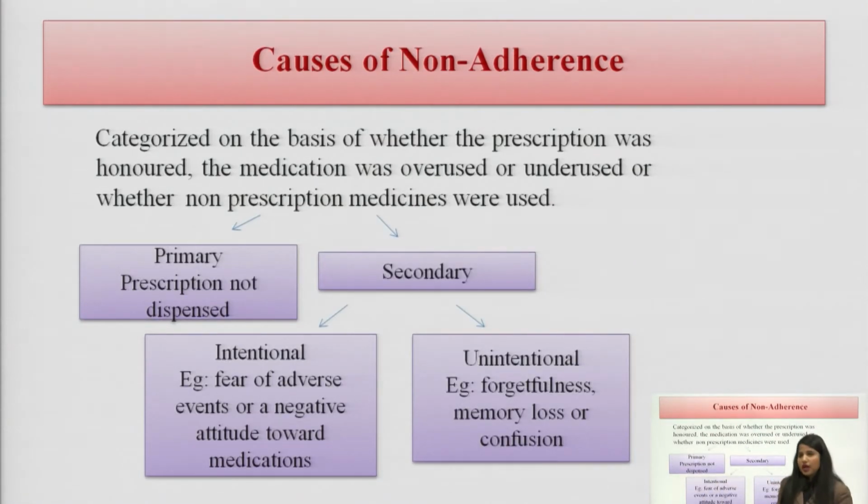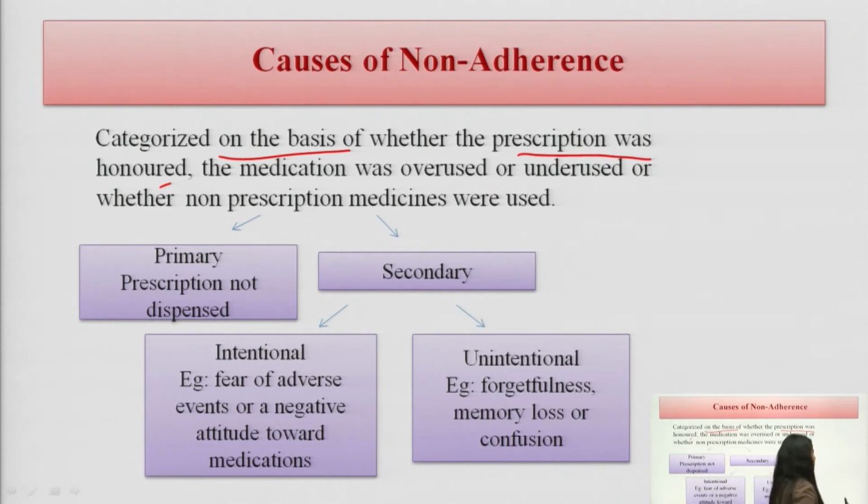Now, the question comes to our mind: what are the reasons, what are the causes for non-adherence, why are the patients not taking the prescription as they should? So, categorized on the basis of whether the prescription was honored.